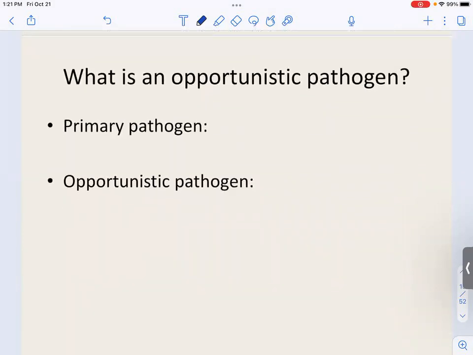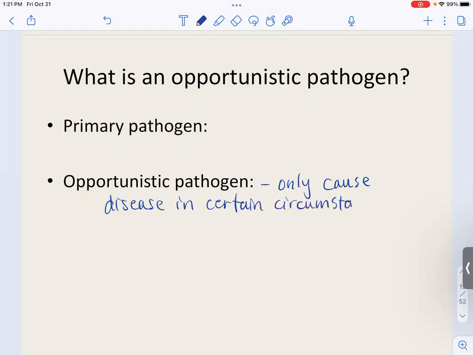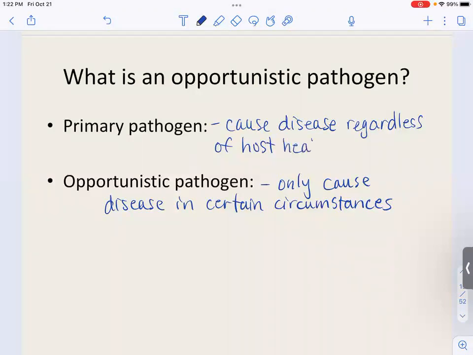A few other terms that I use quite a bit, this term opportunistic pathogen. So an opportunistic pathogen is one that will only cause disease in certain circumstances, where a true pathogen is going to cause disease regardless of the host health status.